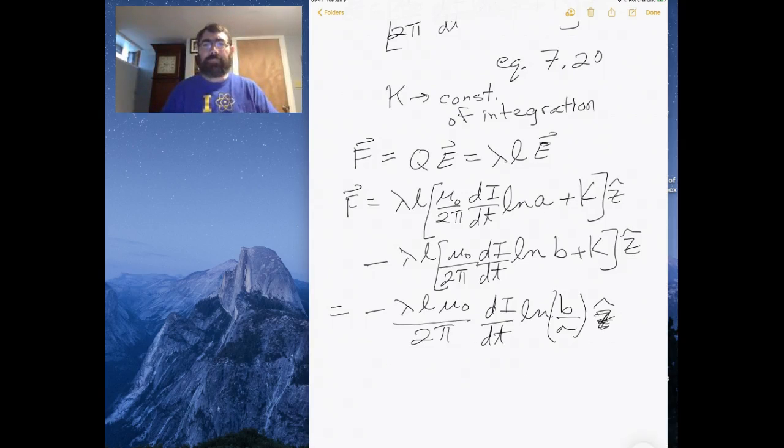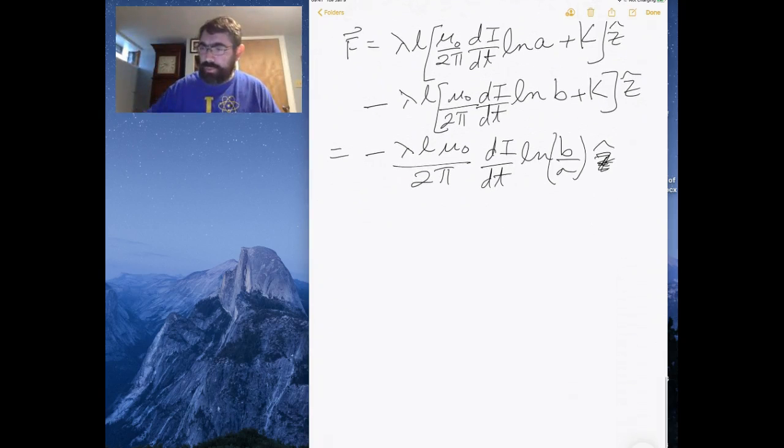Okay, so that's the force. But what we want is the momentum. So the mechanical momentum is equal to the integral of the force over time.